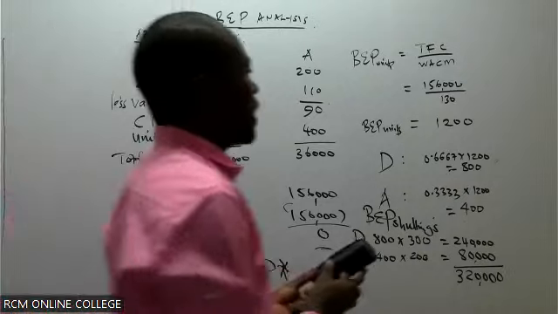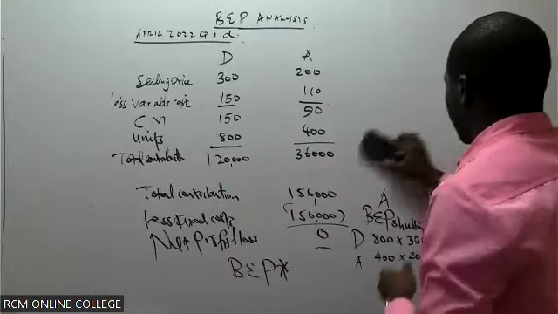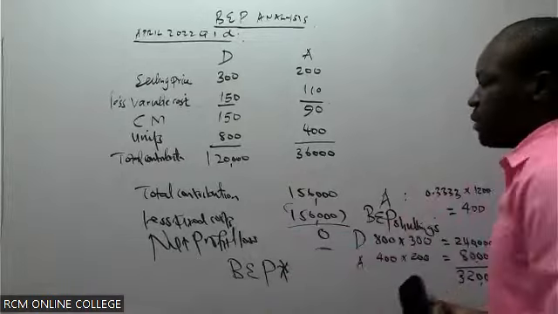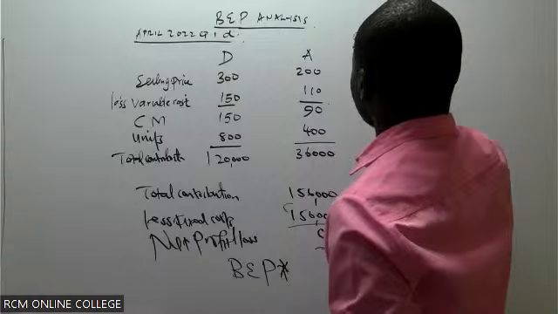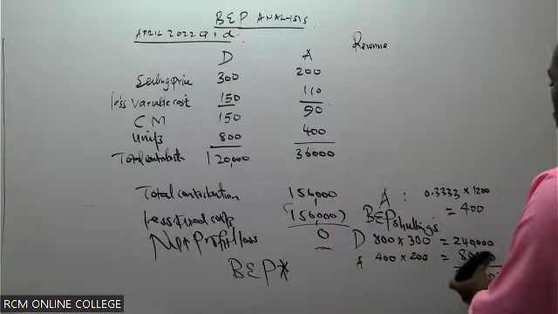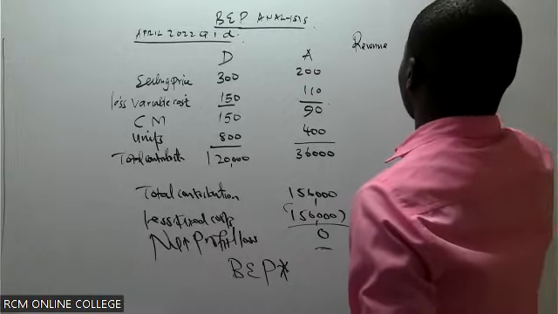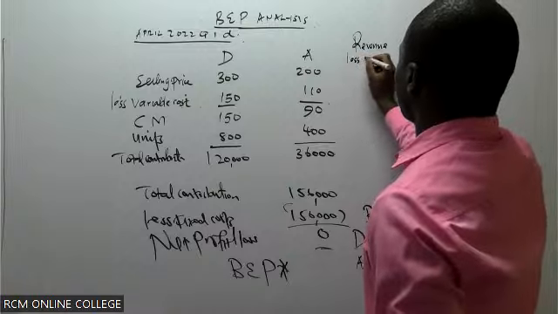Or someone can also decide and say, let me not follow that of summarizing. So you come here and give us revenue. So revenue of the two products is 240 plus 80, which is 320. Less costs, is it?